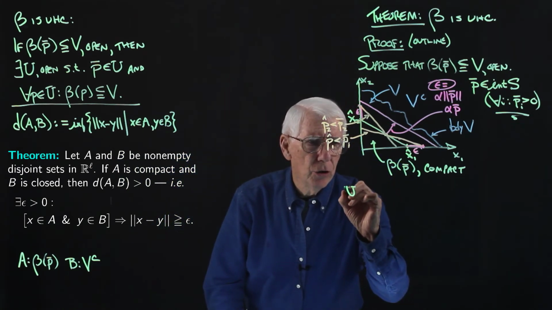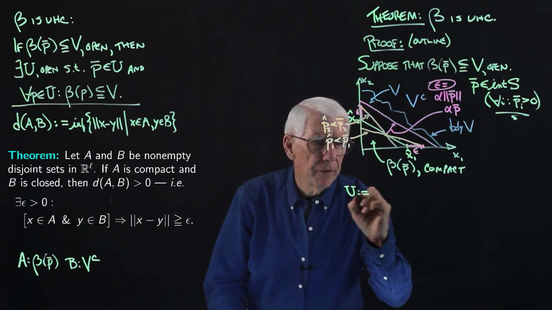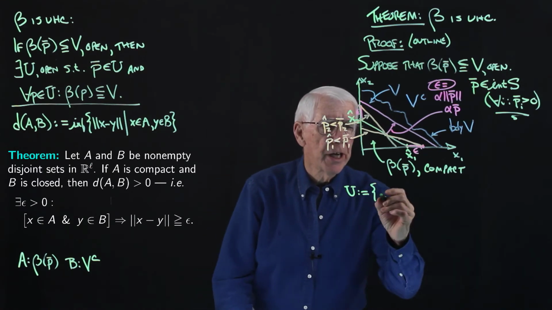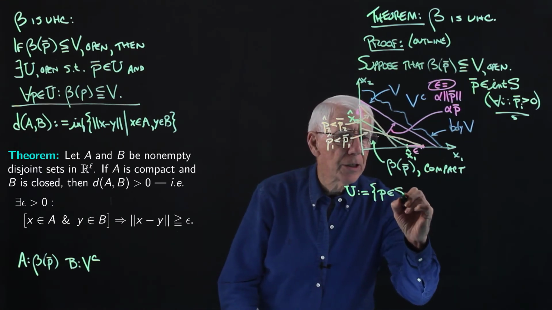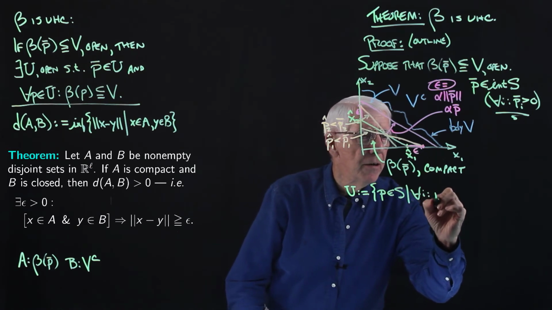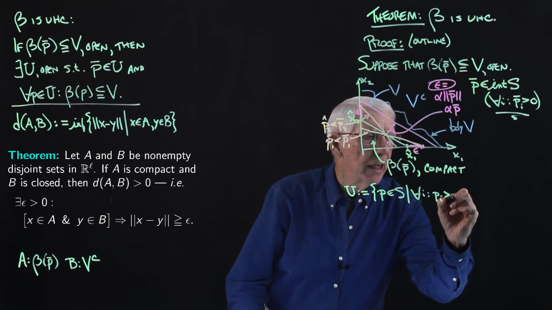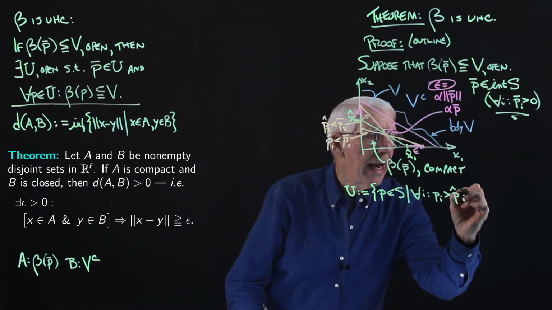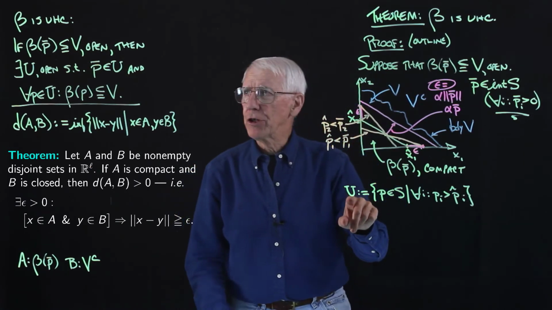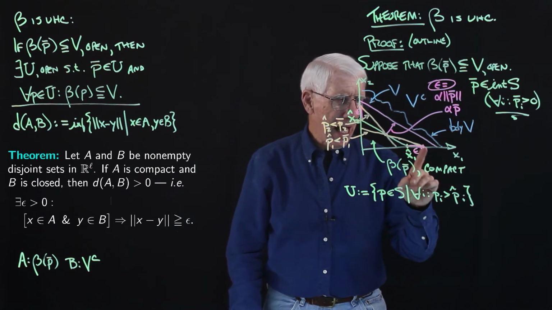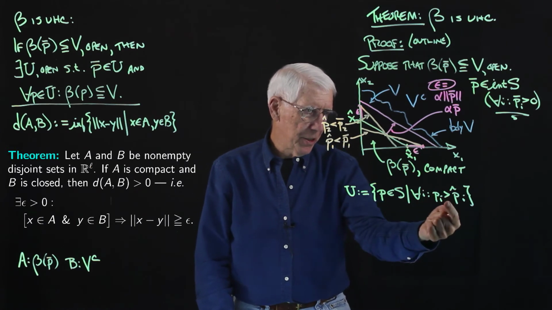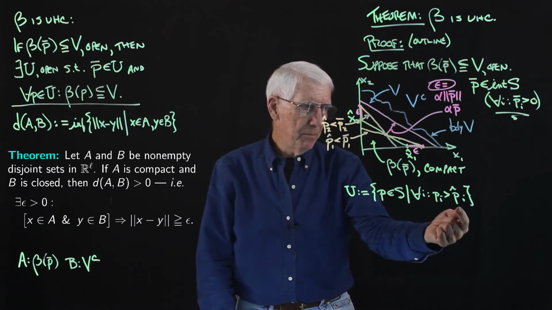Let's say we're defining U to be the set of all price lists in the simplex such that for each component, for each price, Pi is at least as large as Pi hat. And notice that this is an open set in the simplex because we're looking at prices that are greater than P hat.